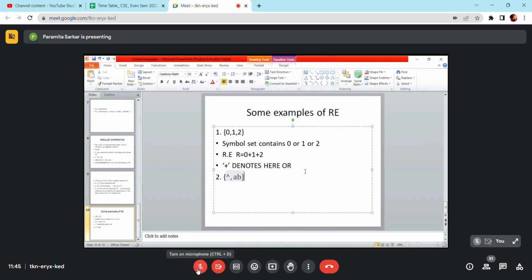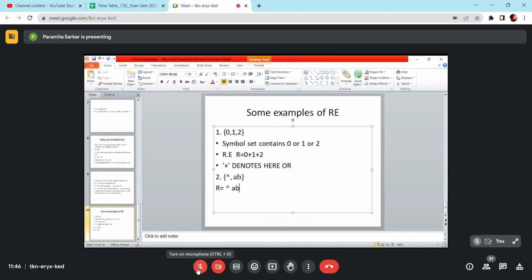So that means we can say that our regular expression R contains a concatenation of null and AB. So it is denoted as concatenation of null and AB. No plus operator or symbol is used here because the null symbol is in this set.